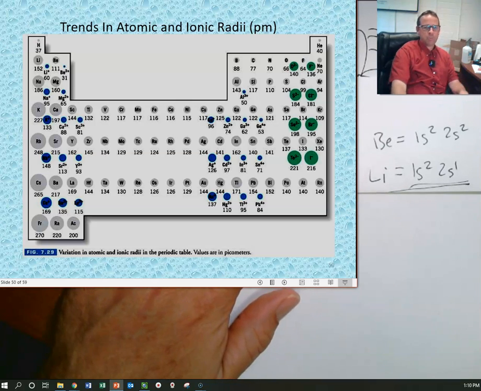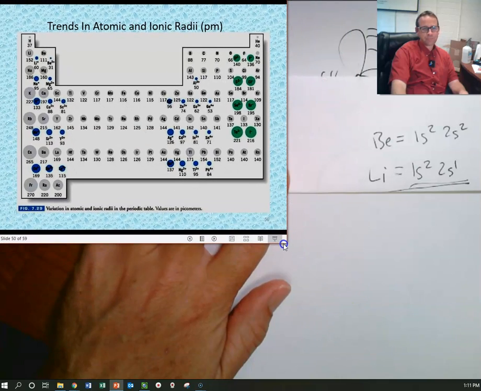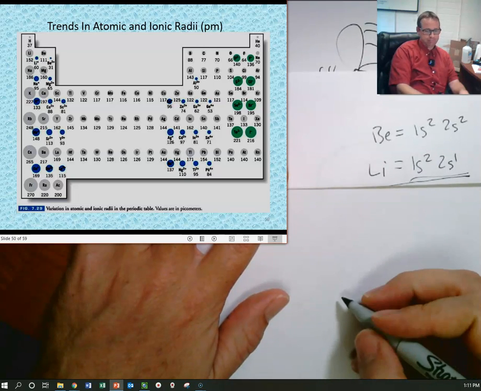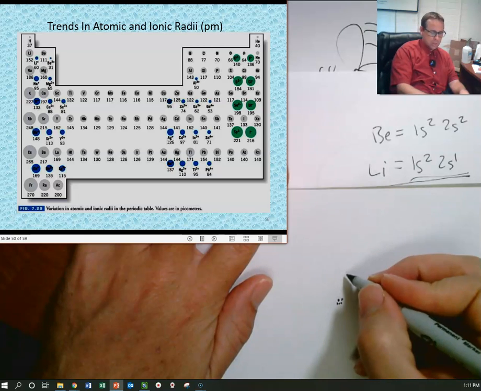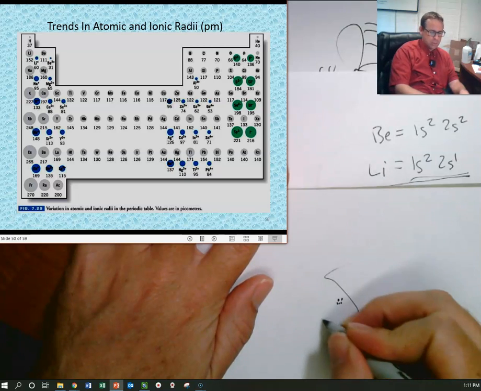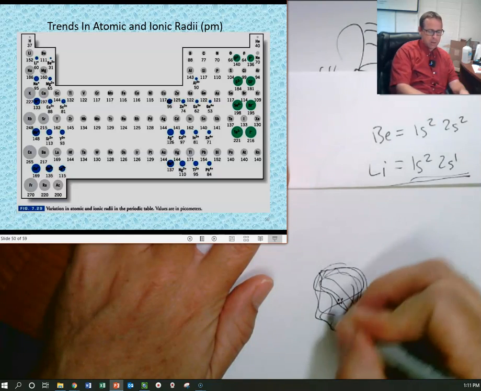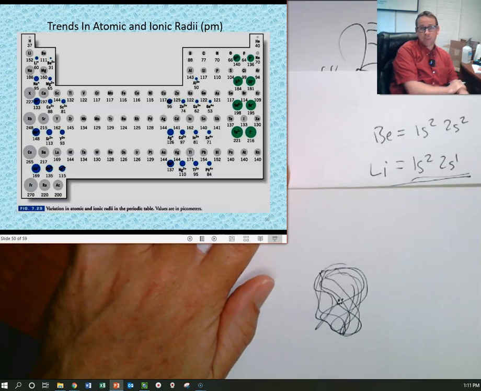And the model that I like to use for this is to imagine an atom represented as a family, all right, with the adults, the parents as the nucleus, and then the children kind of wandering around the parents as they move through maybe a public space like the mall or something, right?